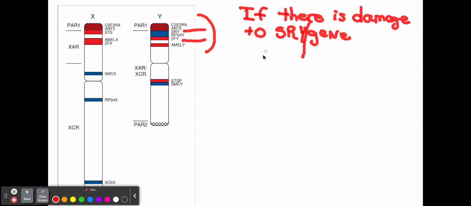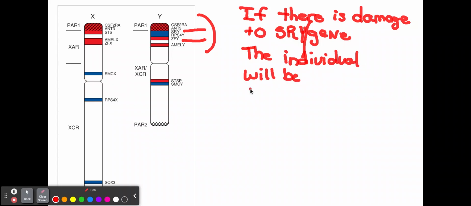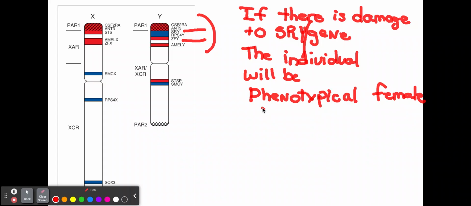If there is damage to the SRY gene, the individual will be phenotypical female. They will look female. However, they will be genotypically male. Genotypical male.